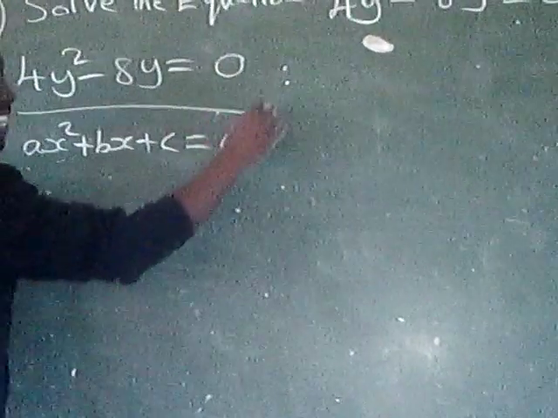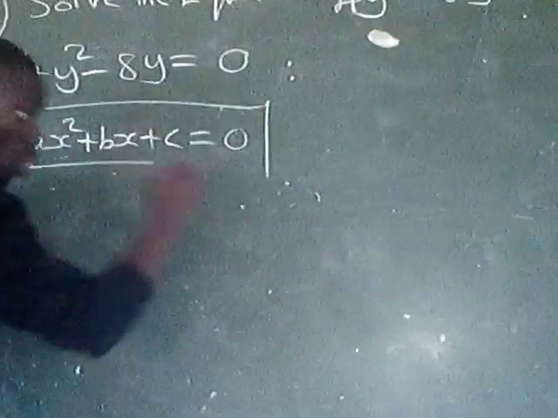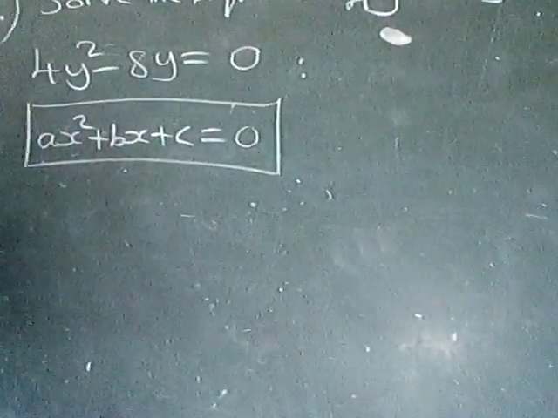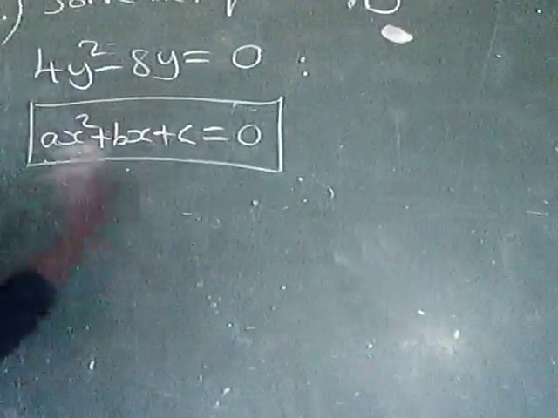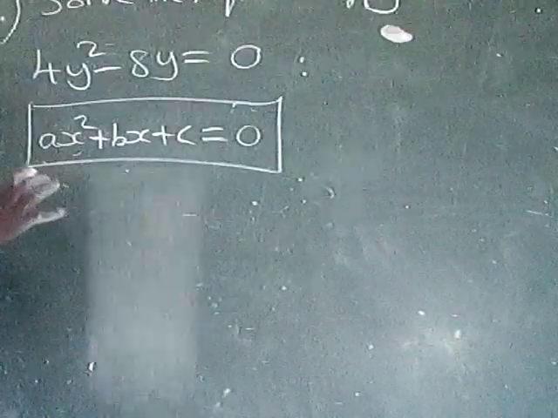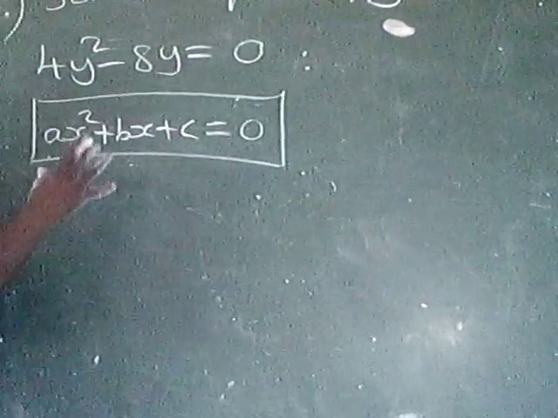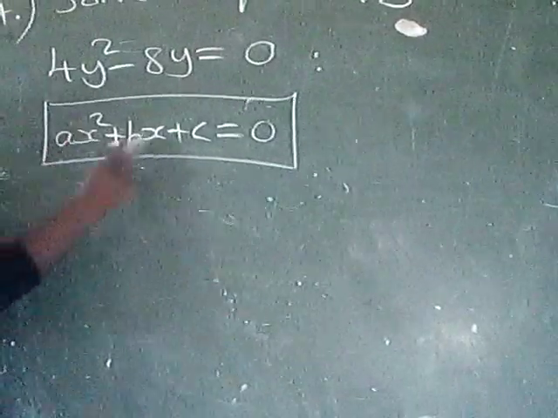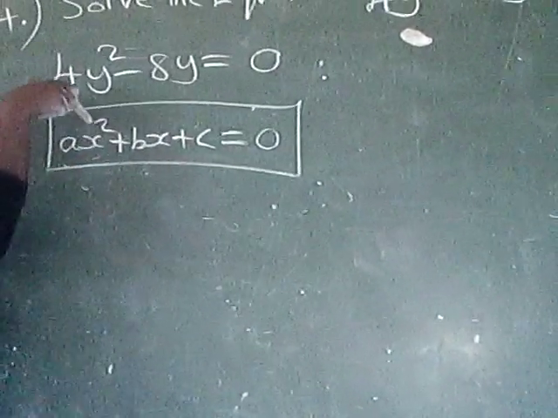If and only if the highest power of x is 2, this becomes the quadratic equation. The point is, we're going to find the two values of x because of the power 2 here.